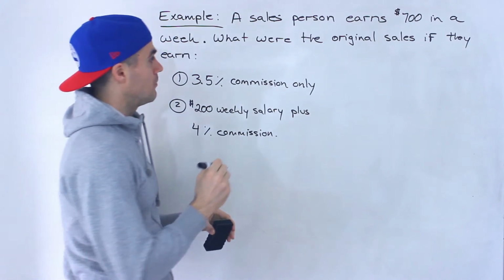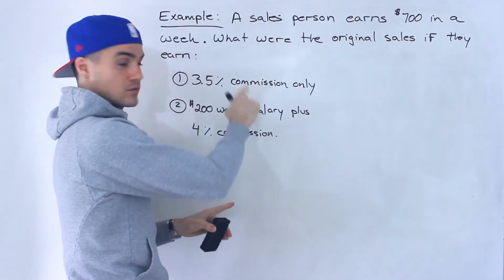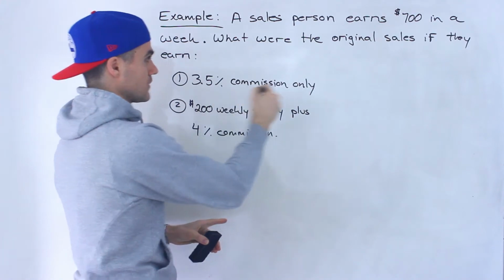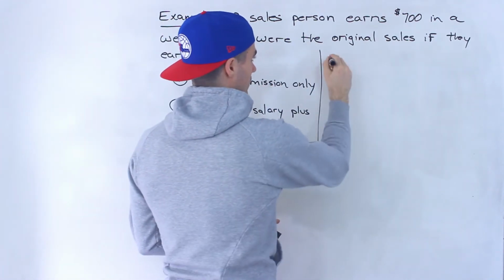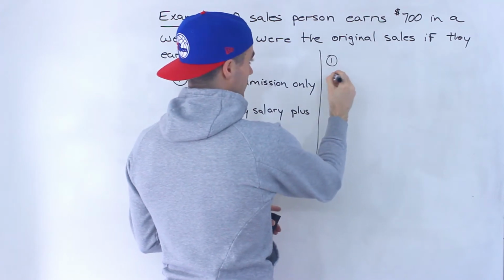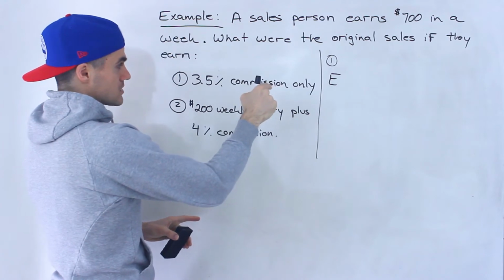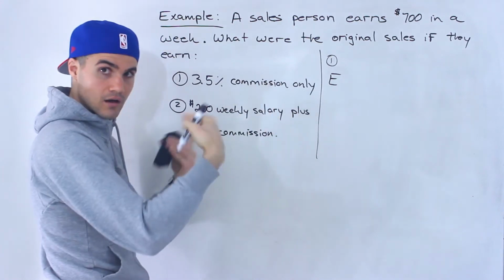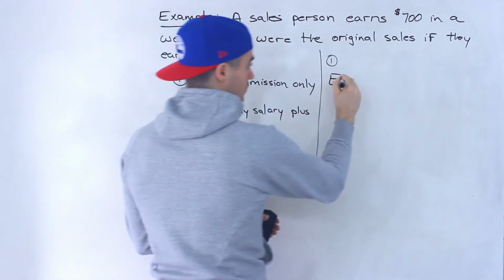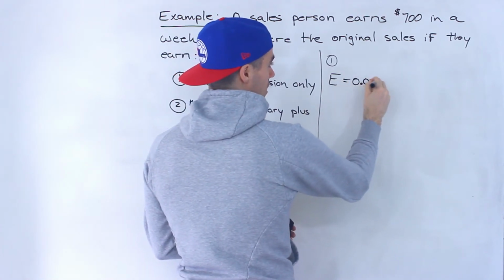So the way I'm going to go about this, starting with number one, is I'm first going to create a function for both of these. So with number one, what would be the earnings function? Let's call it E. E, the earnings, would be 3.5% of the sales that they make. So you would take their sales and multiply it by 0.035.